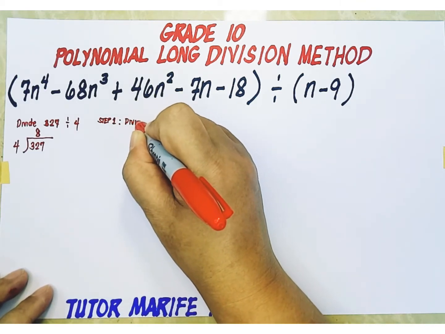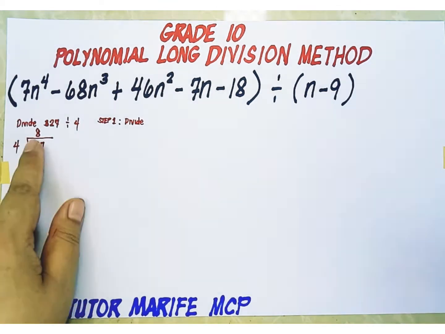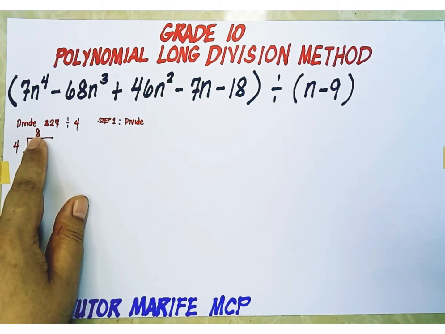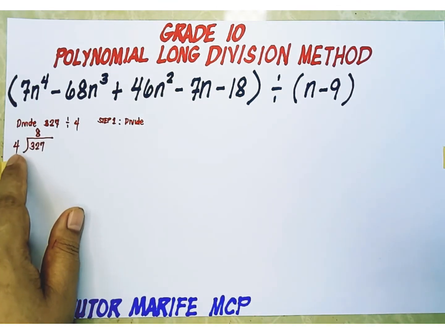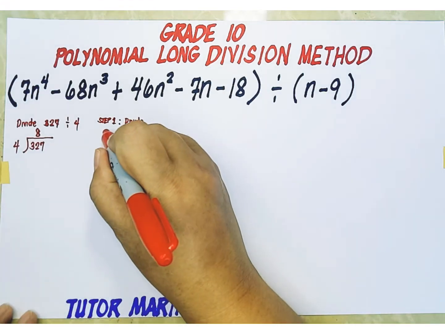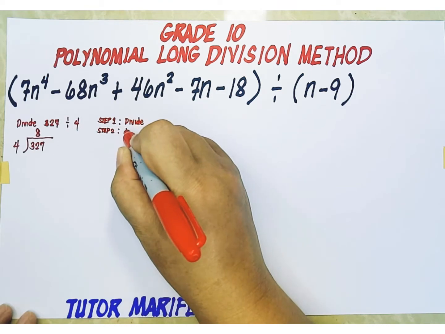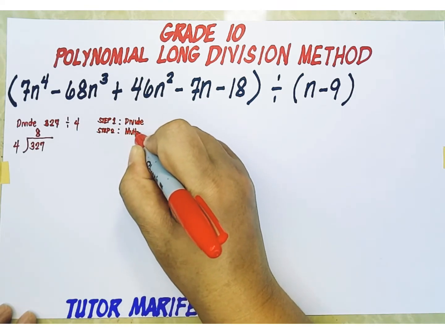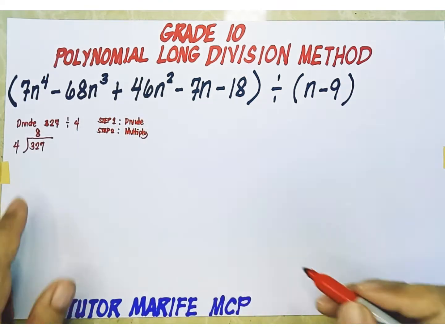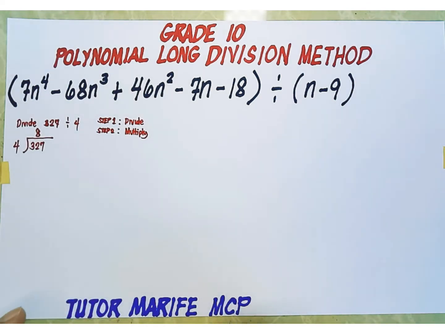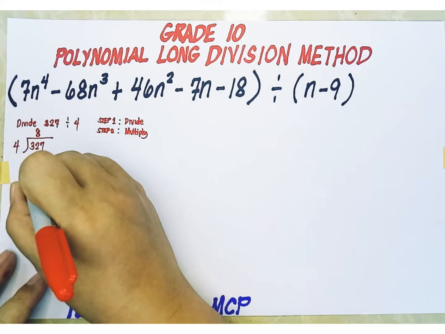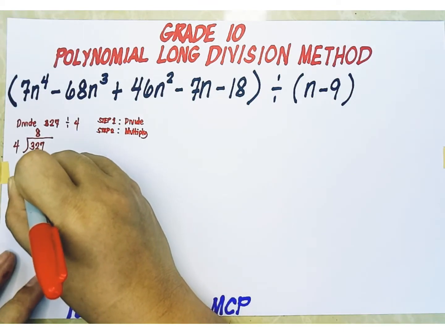What's the next step? The next step is multiply your partial quotient by your divisor. So 8 times 4, 32. We write our product underneath our partial dividend.